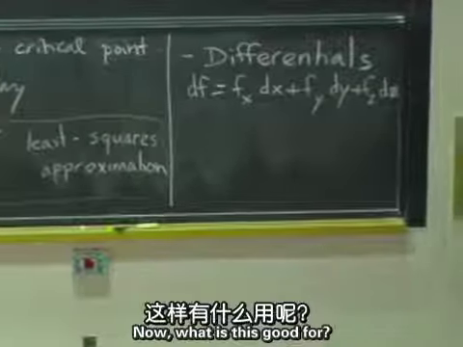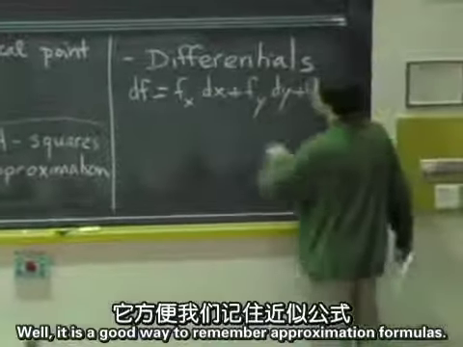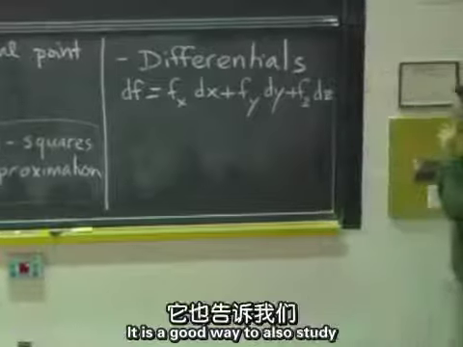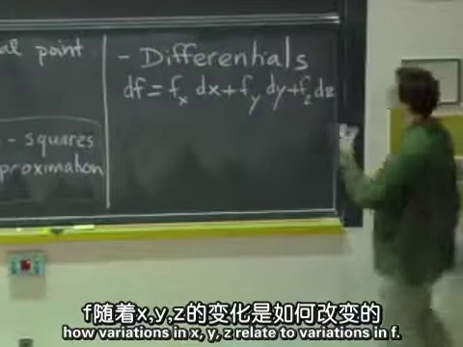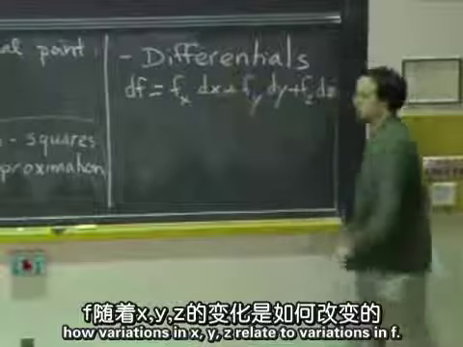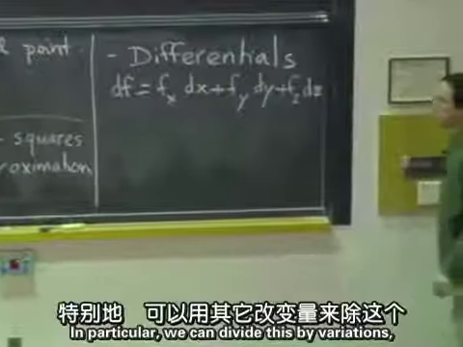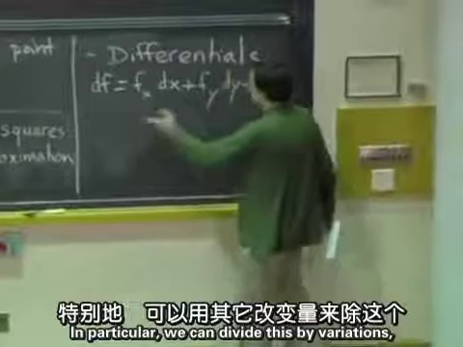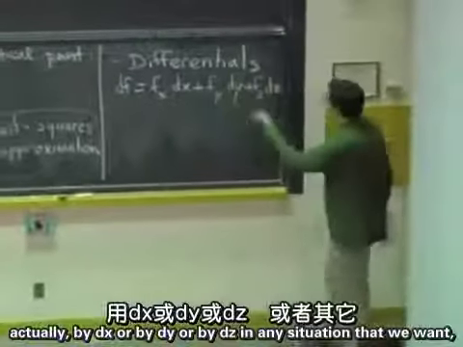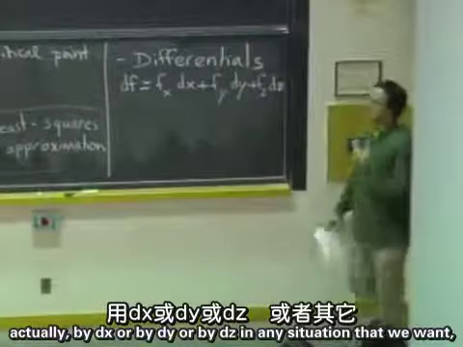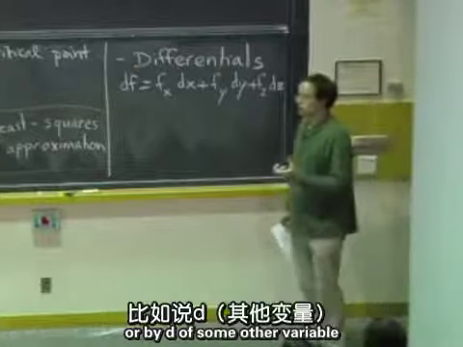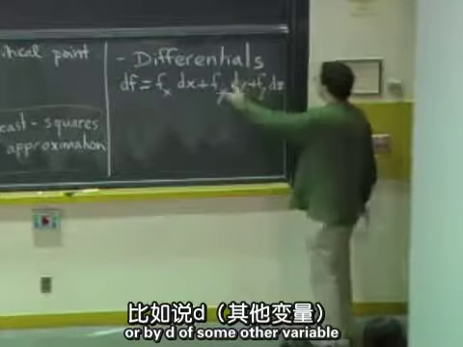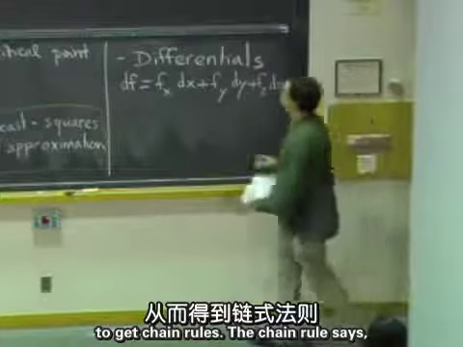Now, what is this good for? Well, it's a good way to remember approximation formulas. It's a good way to also study how variations in x, y, z relate to variations in f. In particular, we can divide this by variations of dx or by dy or by dz in any situation that we want, or by d of some other variable, to get chain rules.